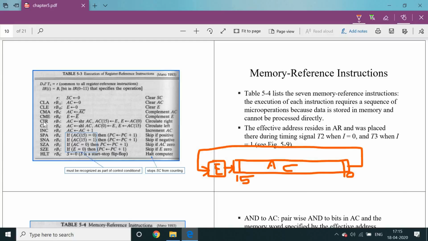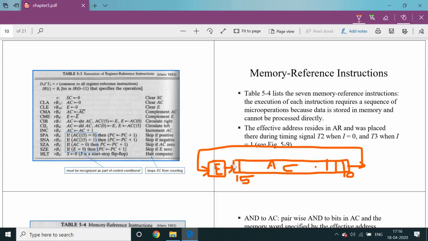In circulate right, first everything is shifted by one position to the right. Accumulator bit 0, bit 1, bit 2, bit 3, and so on. The accumulator's 0 bit is transferred to the E bit. Next, the E bit is transferred to the accumulator's 15th bit.